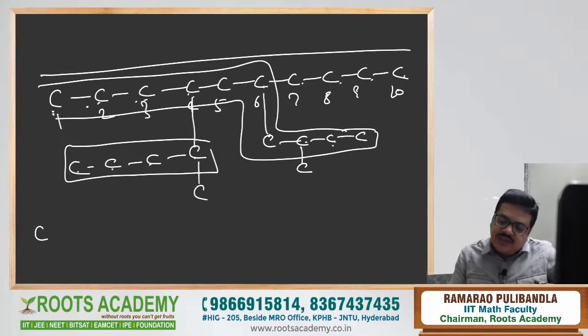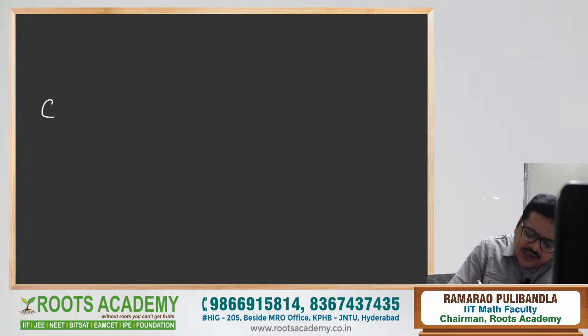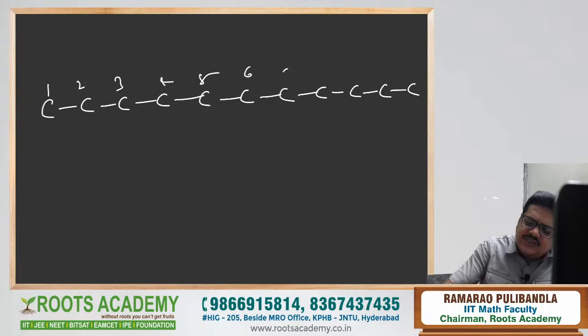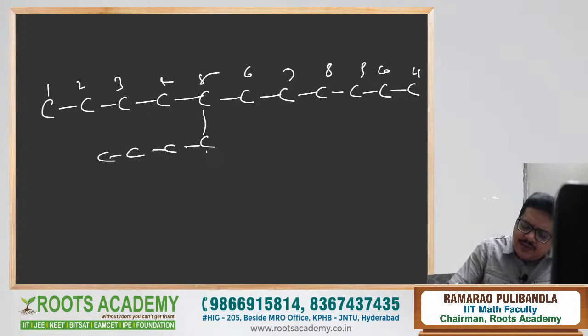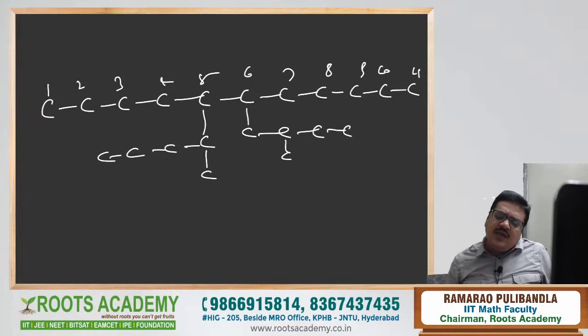In this case, I want to write this picture another way. 1, 2, 3, 4, 5, 6, 7, 8, 9, 10, 11. Now here I want to write 4 carbons like this. At sixth place I want to write 4 carbons like this. Now numbering is given from which side? This side.